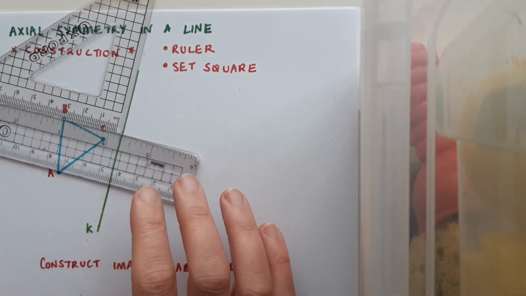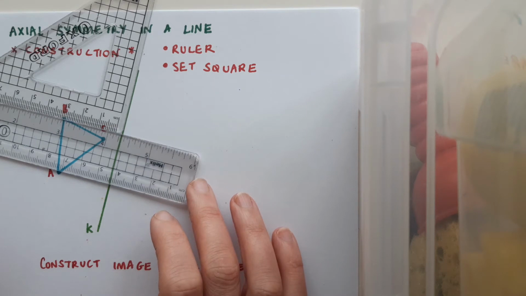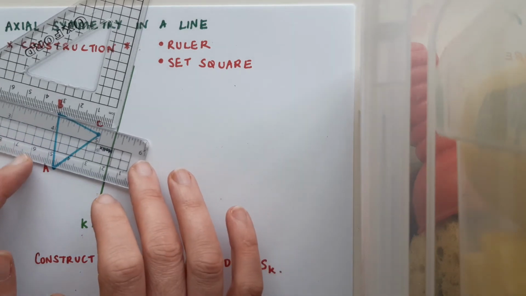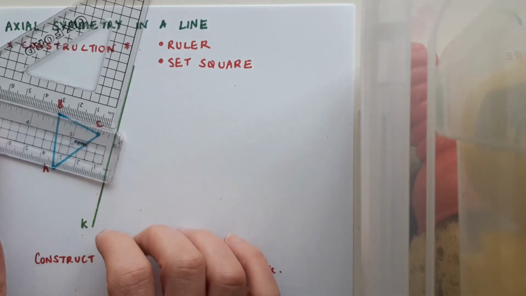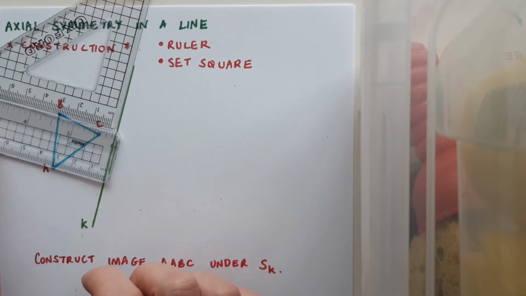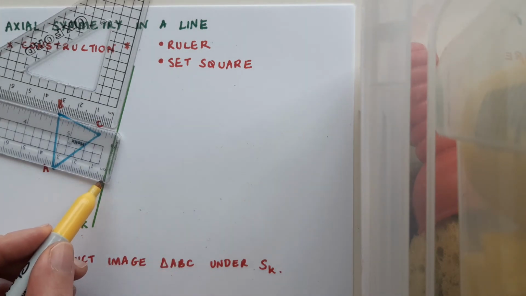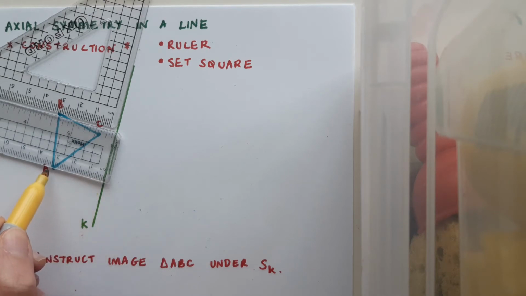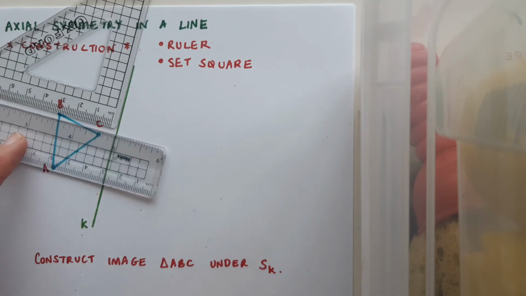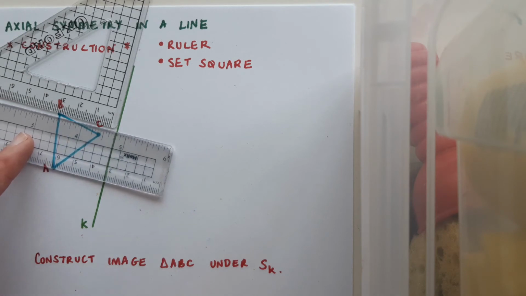Checking that everything is still lined up perfectly, I can see that the distance from my axis to my point is 3 centimeters. I'm lining up my very first dash there with my line. It's 3 centimeters out, so I need to push my ruler so that I am 3 centimeters out on the far side.